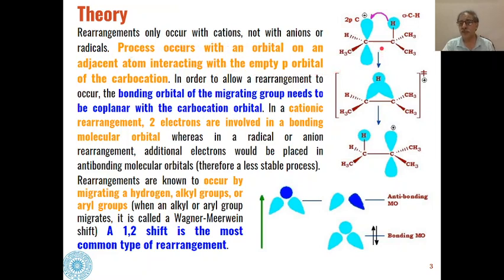So here, if you see, this is the vacant p orbital of the carbocation, and this is the adjacent carbon which has a carbon-hydrogen sigma bond, and because of the transfer of electron density from the sigma bond to this vacant p orbital, this type of transition state is created, and ultimately the transfer of this hydride from this carbon to this carbon takes place, and then this carbon will have a vacant p orbital, and this carbocation will be more stable as compared to this carbocation, because here the state of the carbocation has changed.